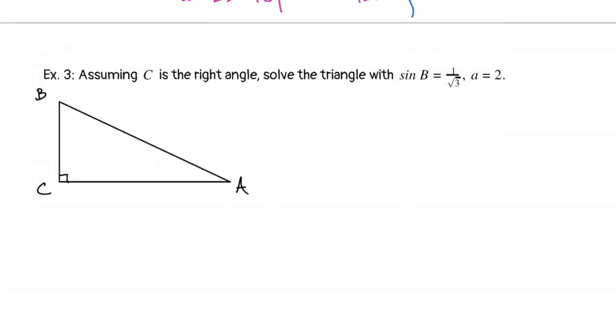All right, so let's see what information we have. Let's start off with this one right here, a equals 2. So little a is 2. Where should I label the 2? I have 3 lines to choose from, a vertical one, a horizontal one, and a diagonal.